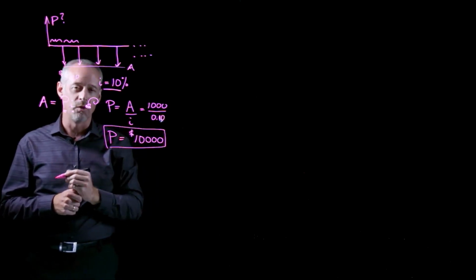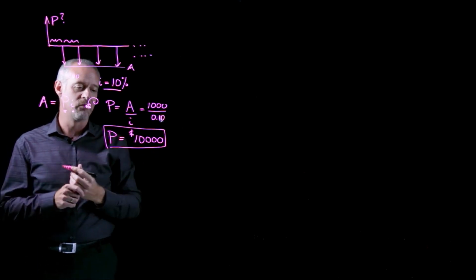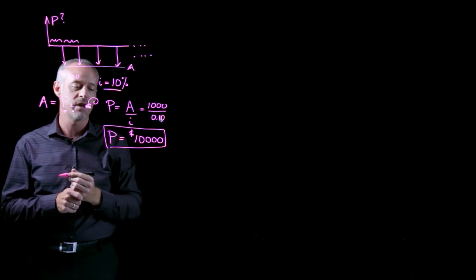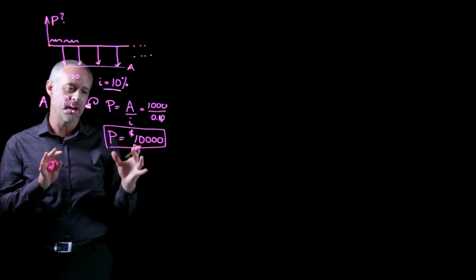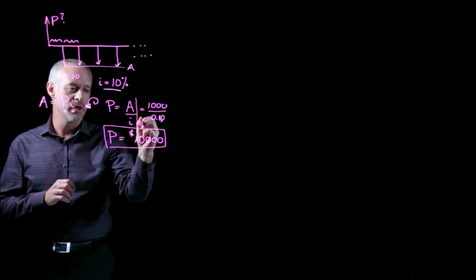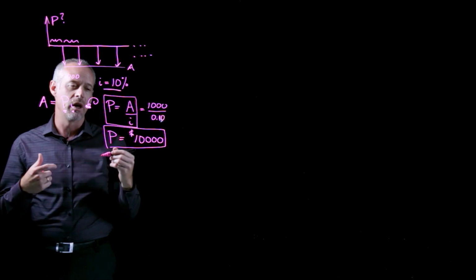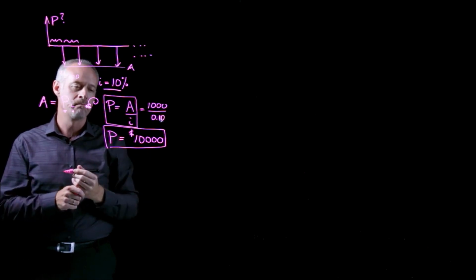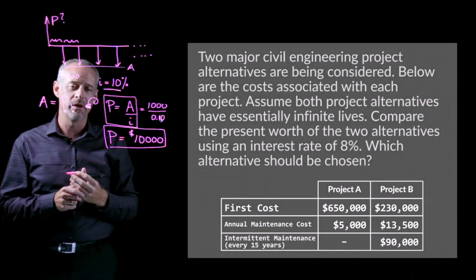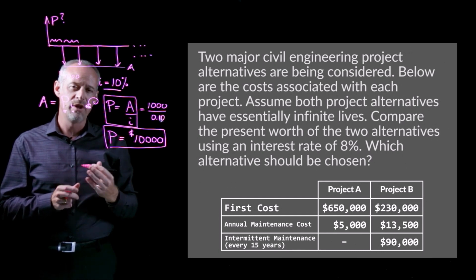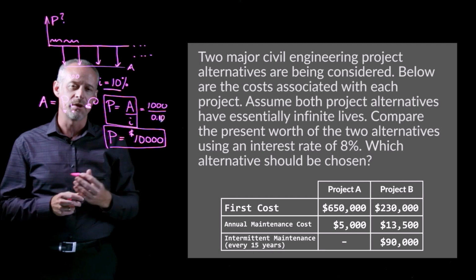So whoever would like to donate to the university to create a $1,000 a year scholarship, assuming a 10% interest rate, you'd have to donate $10,000. So this idea, especially this formula, will come in handy when we solve this problem. So I'd encourage you at this point to pause the video, read the problem, and when you're ready to see the solution to the problem, restart the video.